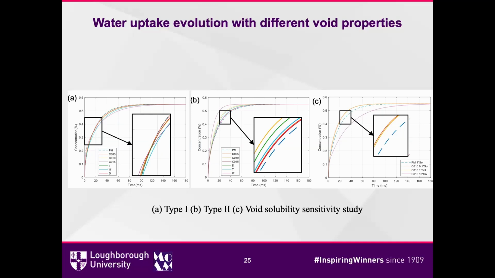And figure C shows the void solubility sensitivity study. If we reduce the void solubility, it has minor influence here. But if we increase it, the water has to fill the void itself, so the speed of diffusion is reduced.